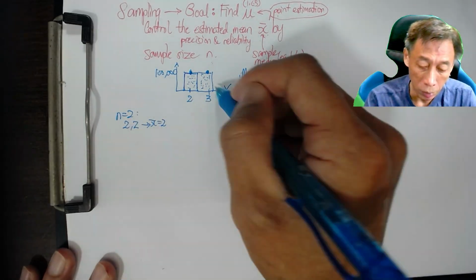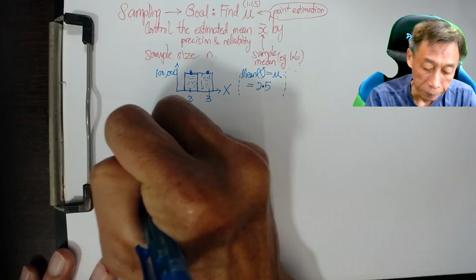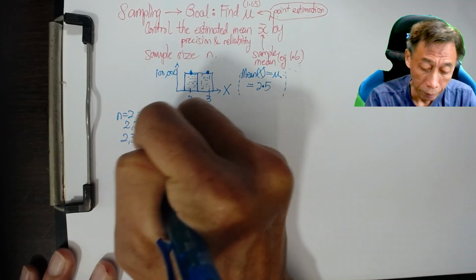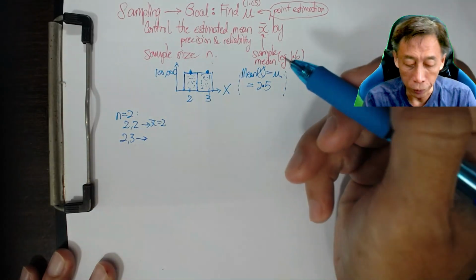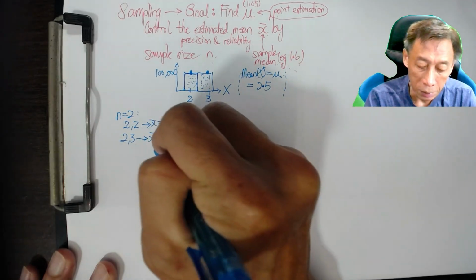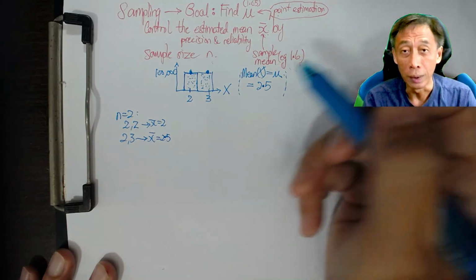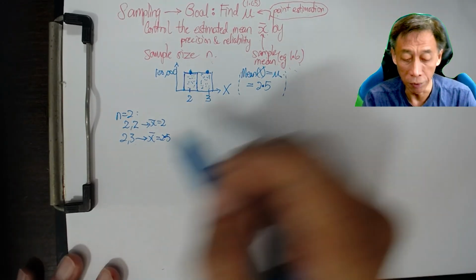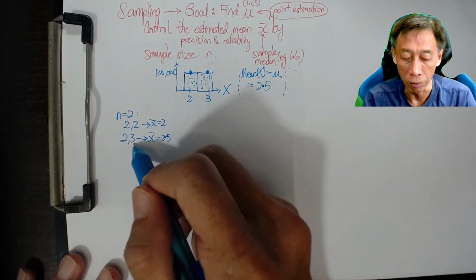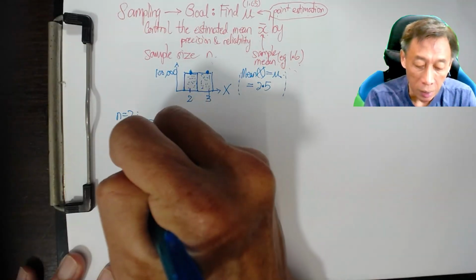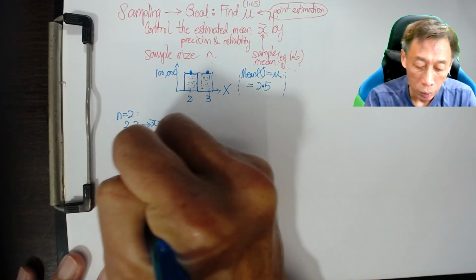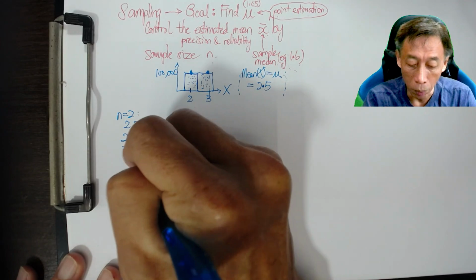You could also get 2, 3. If you get 2, 3, then first of all, the X bar is going to be $2.50. And number two, now we may see a difference, because the first person you ask is $2, second person $3, but it could also be 3, 2. So these two both contribute.